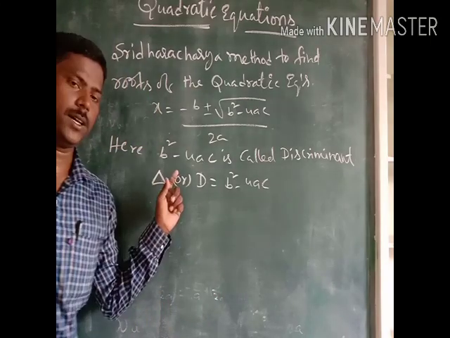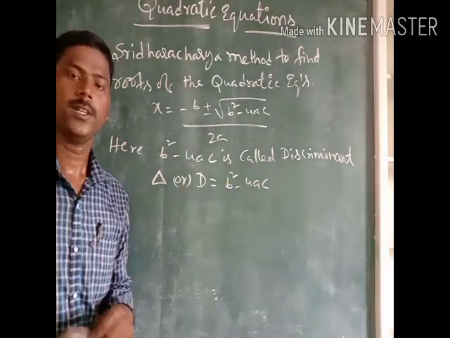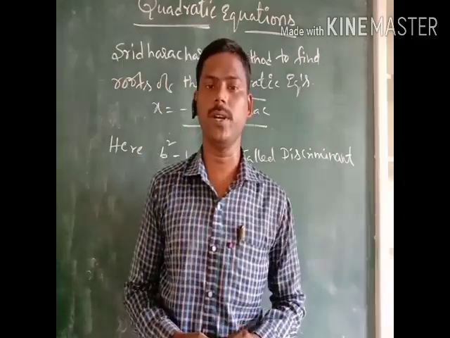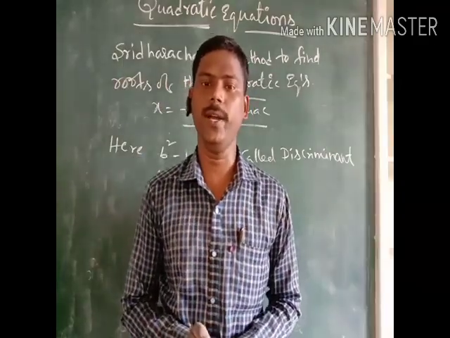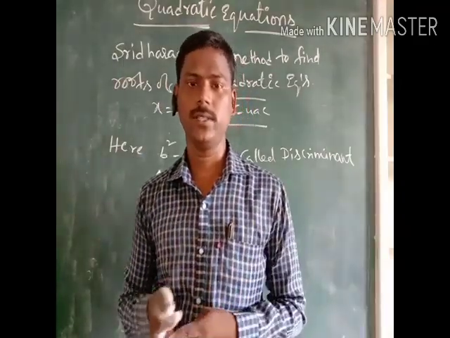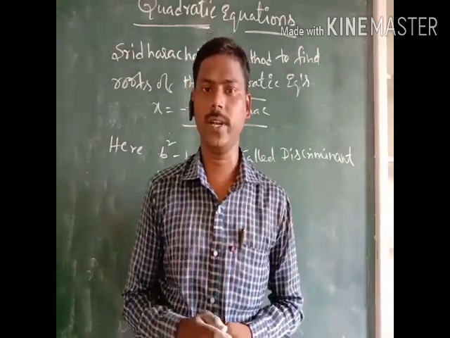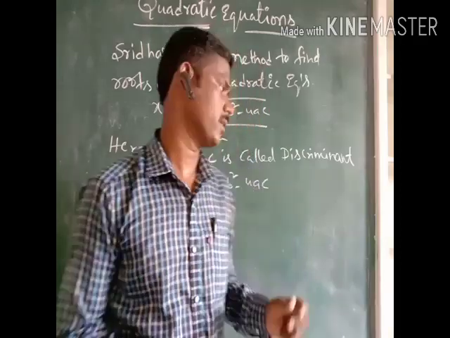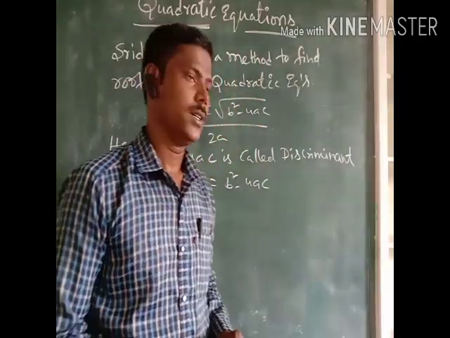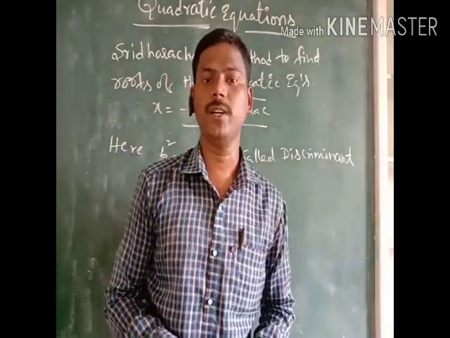So what is the use of this discriminant? Based on the discriminant only we can define whether the roots are equal or different. So based on this discriminant we can tell the nature of the roots.